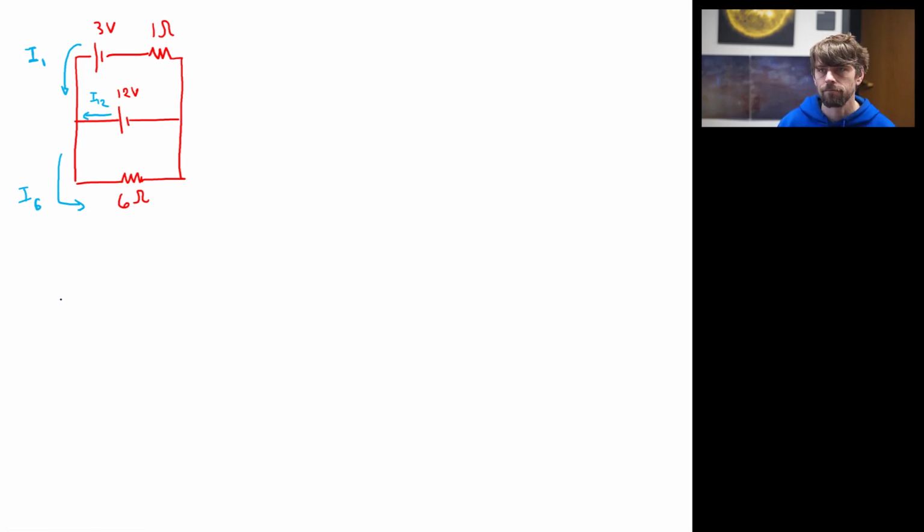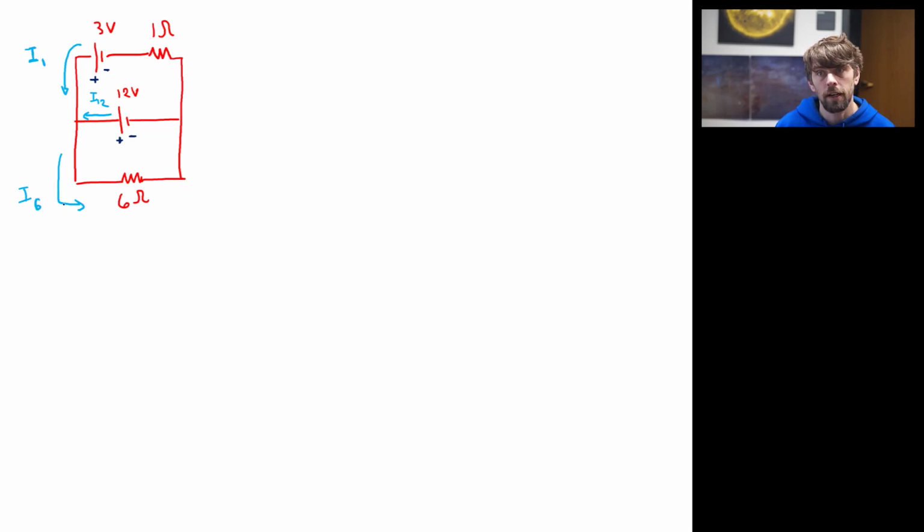Okay? Well, the next step, let's go ahead and label the high and low potential sides of all of the circuit elements. Of course, the batteries are easy. Those automatically are chosen for us based on the short bar and the long bar. Now, the drops and jumps across the resistors are all based on the directions that we chose for the currents.